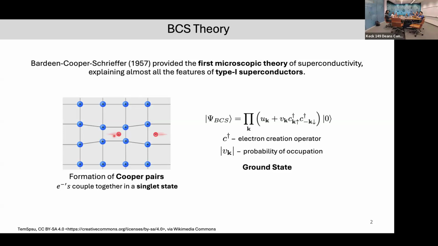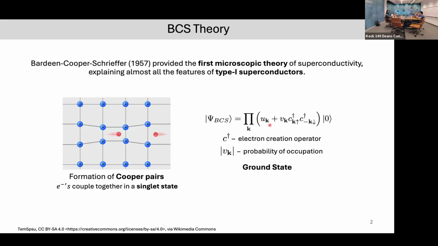But what happens exactly is when an electron passes through the positive ionic background, it attracts the ions near it, and the ions themselves then form a positive charge cloud, which the other electron can get attracted to, and they form a Cooper pair in this process.